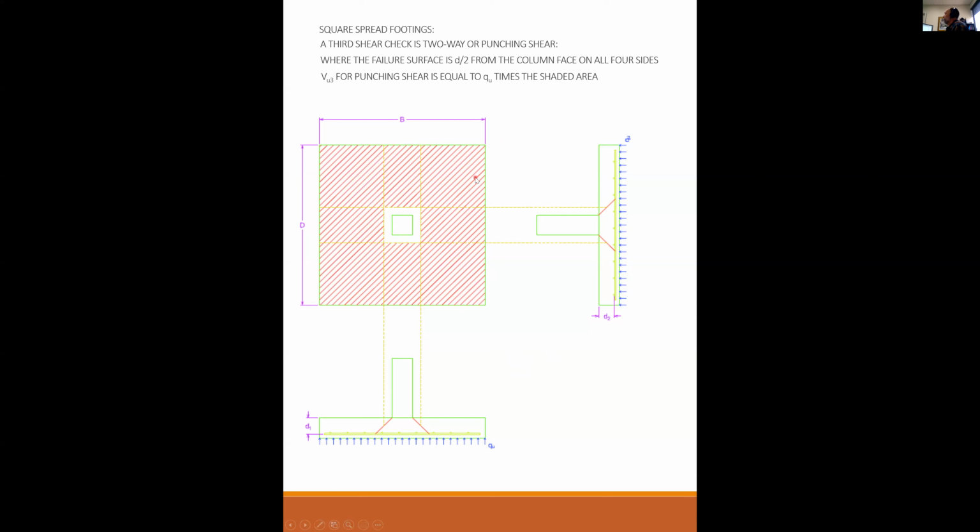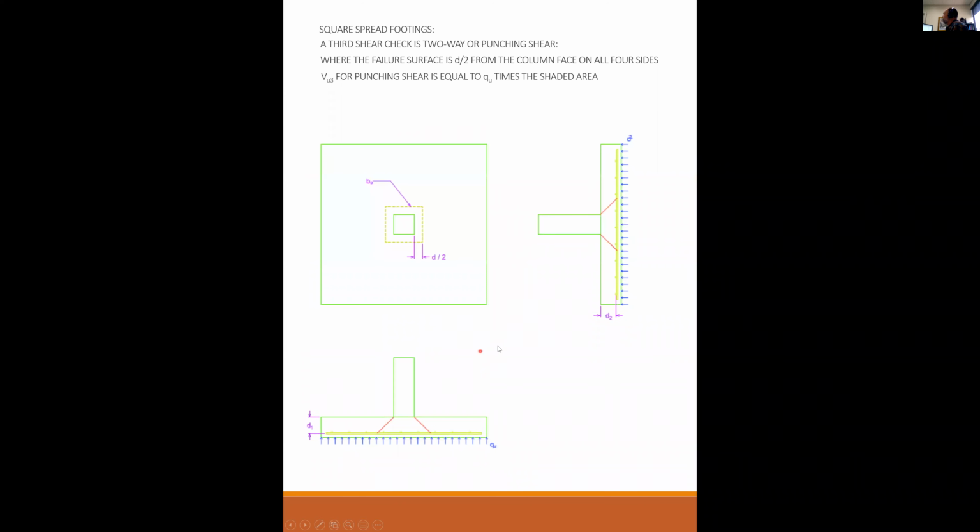VU3, or your design shear VU, is equal to your factored QU times the entire shaded area. Because when this thing fails, the unshaded area punches through with the column and the shaded area stays right where it is. So your VU is QU times the entire shaded area.